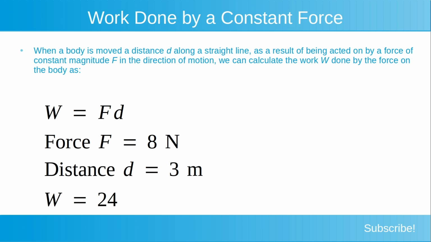And for our units, we have newtons multiplied by meters, giving us newton meters. This combination of units comes up regularly and has its own special unit called the joule, which we represent with a capital letter J. We can say that this force did 24 joules of work on the body.